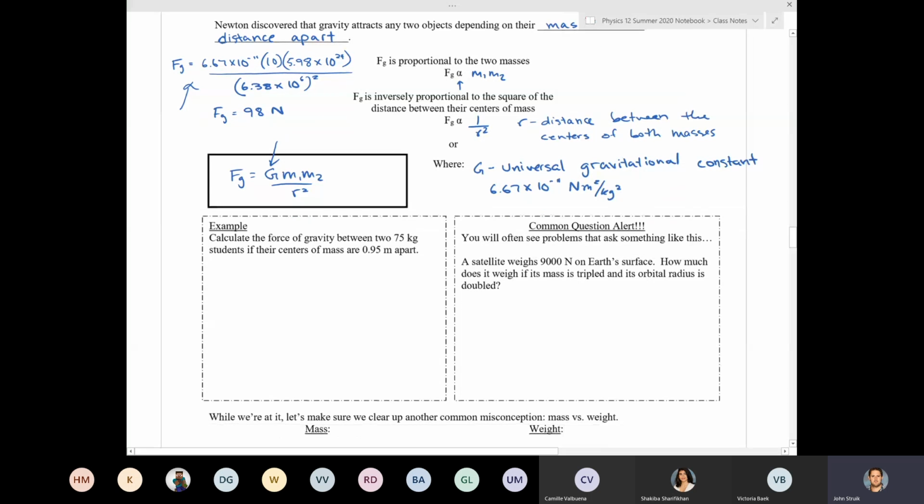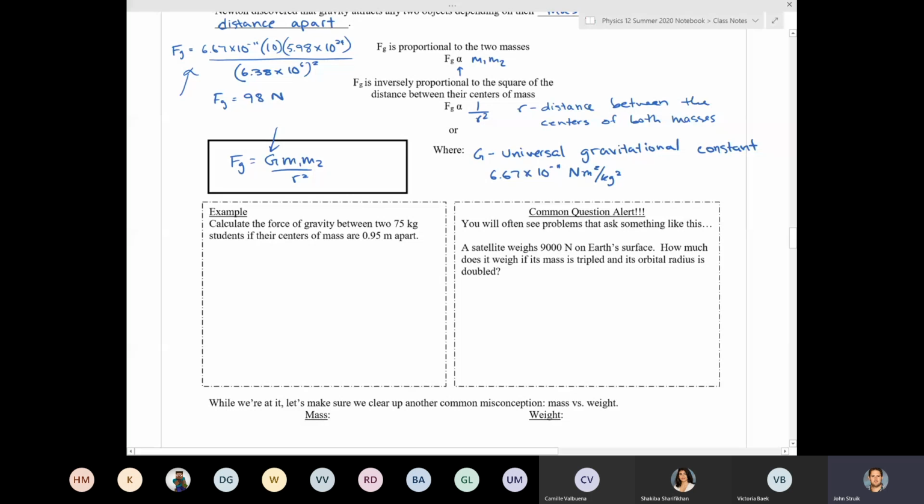Okay, so calculate the force of gravity between two 75 kilogram students if their centers of mass are 0.95 meters apart, so pretty much a meter apart. So Fg will equal 6.67 times 10 to the negative 11 times the first mass, 75, times the second mass, 75, divided by the distance between their centers, 0.95 squared.